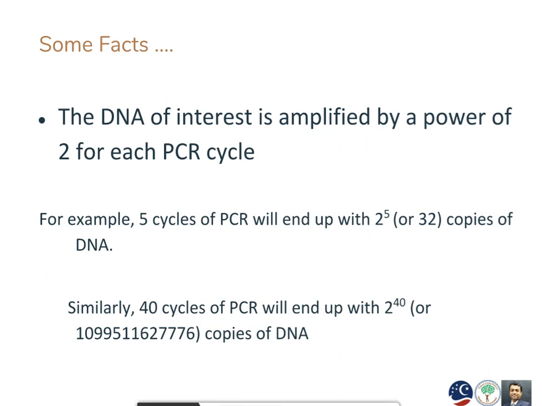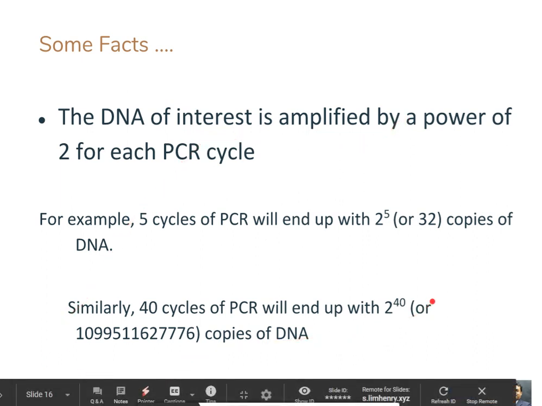For example, after 5 cycles of PCR with one DNA template, the reaction will end up with 2 to the power 5, or 32 copies of DNA. We can easily imagine the power of this reaction, because usually PCR, as I told you, is carried out for approximately 35 to 40 cycles. At the end of 40 cycles, you can expect 2 to the power 40 DNA molecules of your target sequence, and this number is huge.